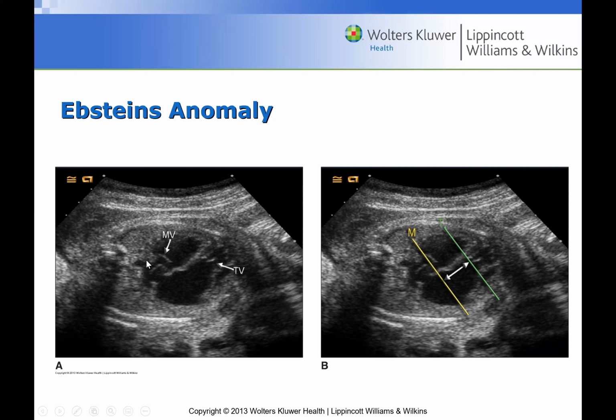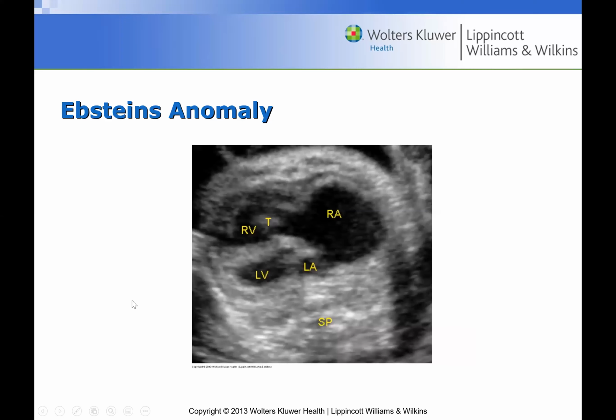So this is the mitral valve, and then this is the tricuspid valve all the way down in the apex of the right ventricle. These babies don't do very well.